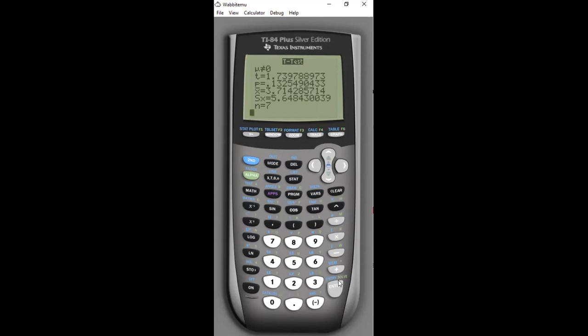So my T-test is 1.739788, and the p-value here is 0.1325. Okay, so you can write it down.